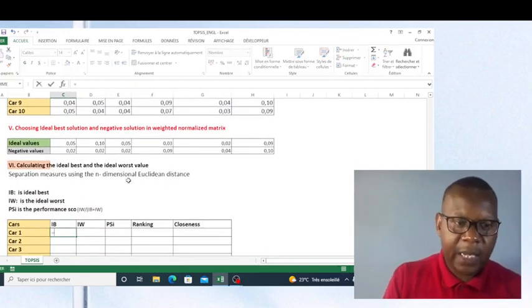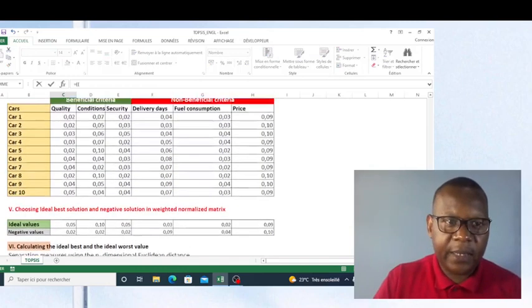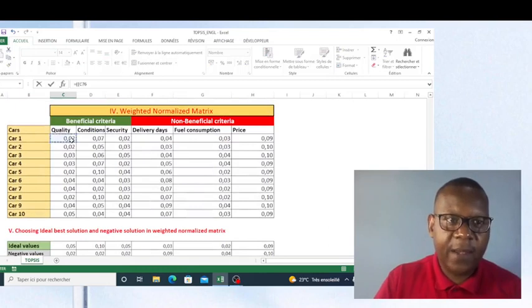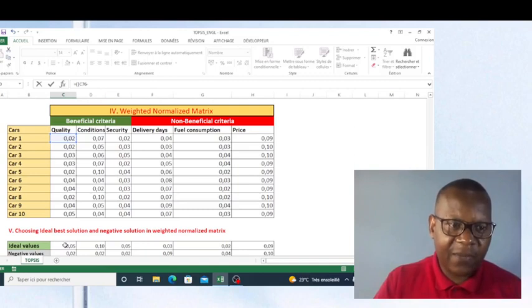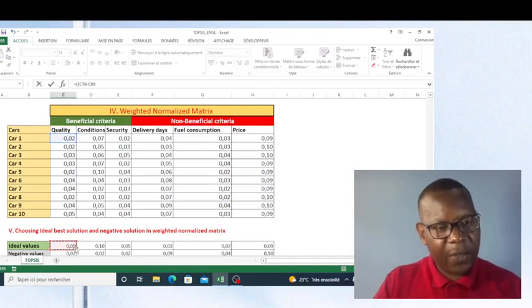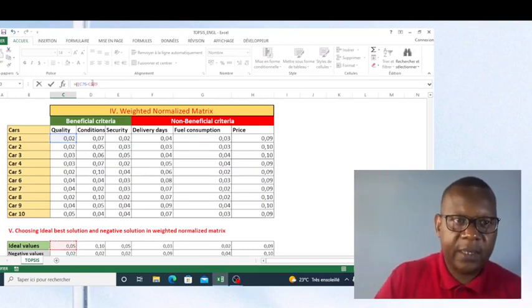I press equal to indicate that it is a function. For ideal best, I do like this. I take this value minus, look friends, I go slowly so as to see what we are doing. I am calculating the ideal best solution. Now, minus this value. We will work only on this row, because we are working on the ideal solution. When we work on the ideal negative values, we will use the other row of values. Minus this one, but I have to fix this one like this.